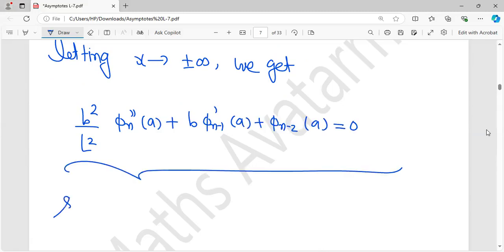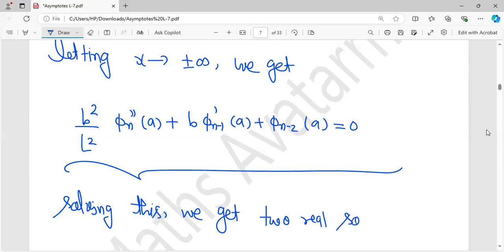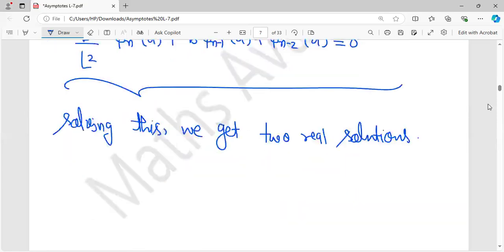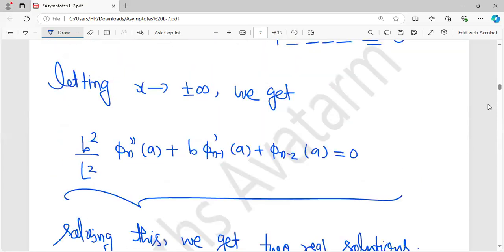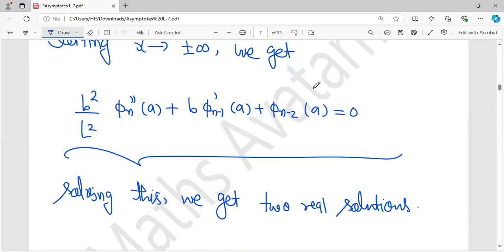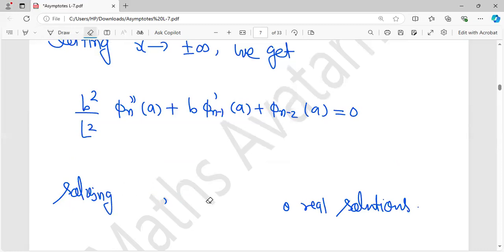Solving this, we get two real solutions.